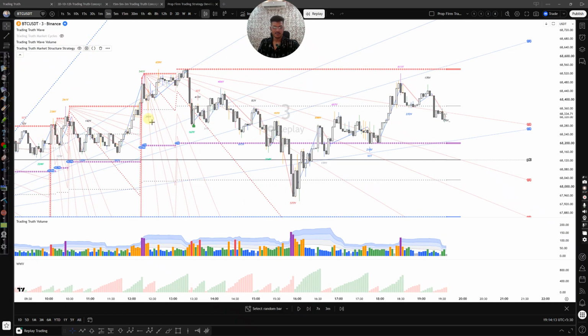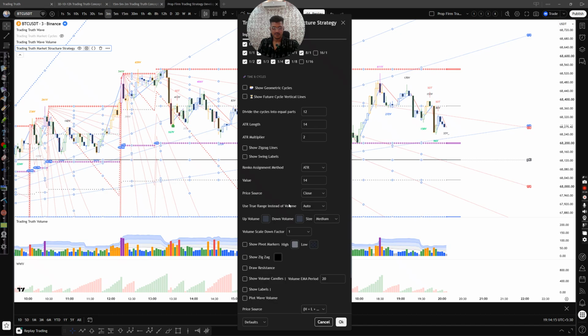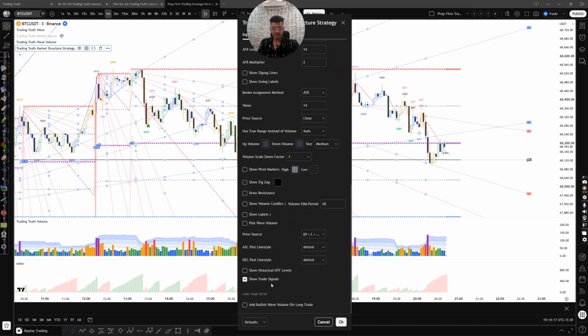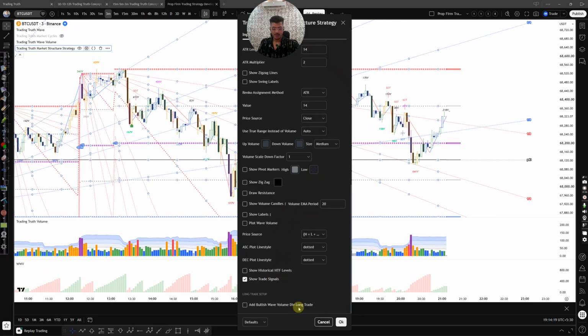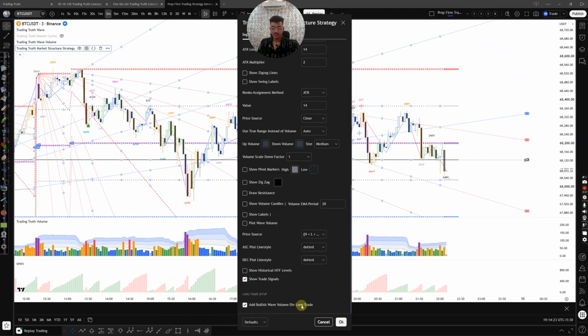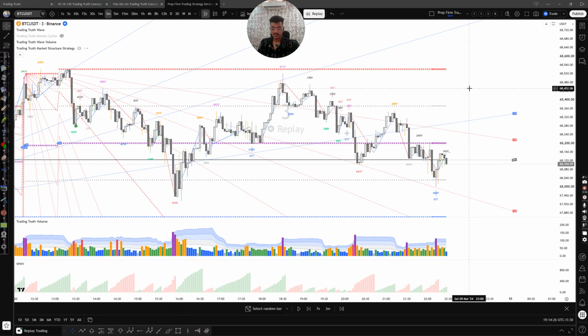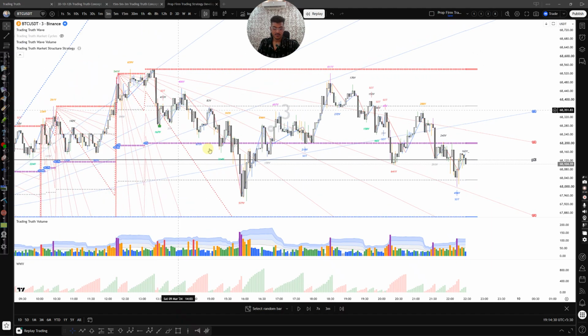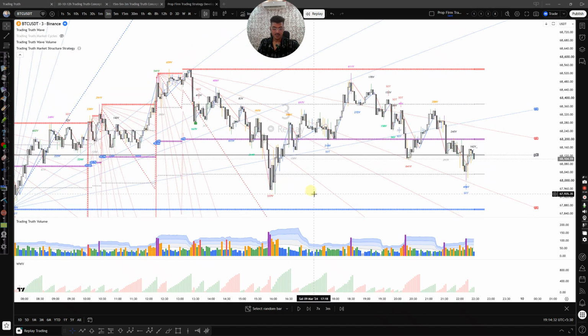Here as I come, trade signals, add bullish wave volume divergence long trade. I mean, it's already showing that. It's going sideways, more effort, more result.